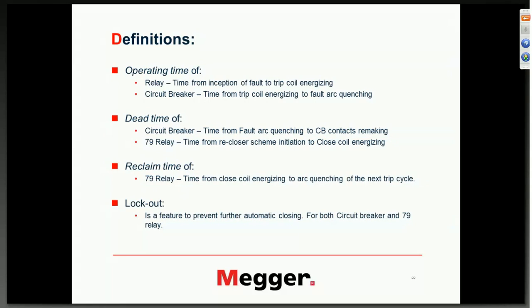And as I told you already, after the lockout happens, there has to be a manual closing or manual fault clearance. And after the fault is cleared, we have to close the circuit breaker manually.